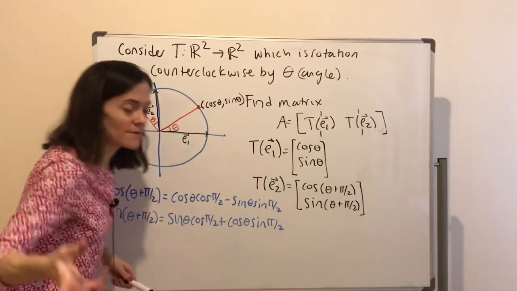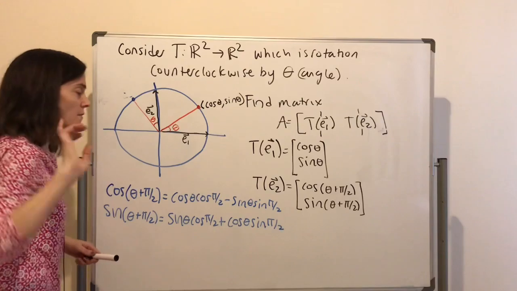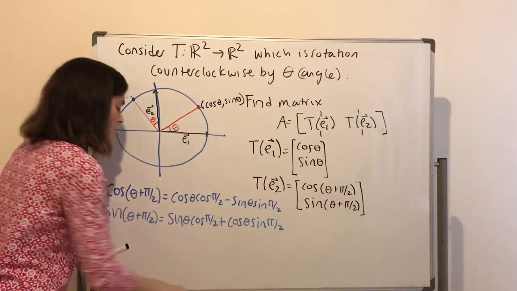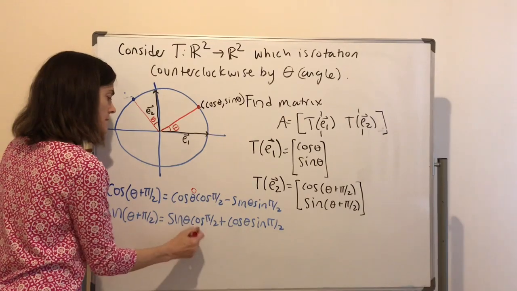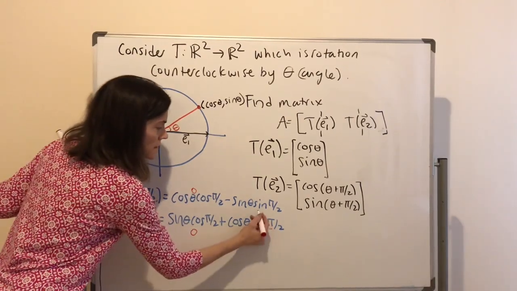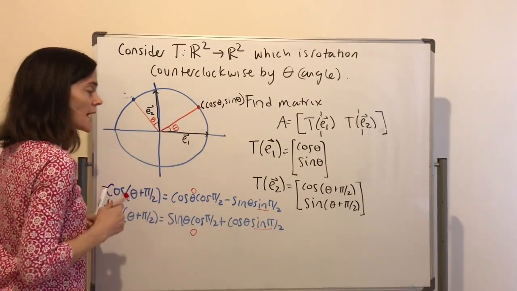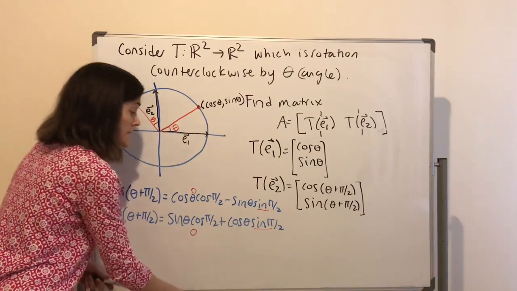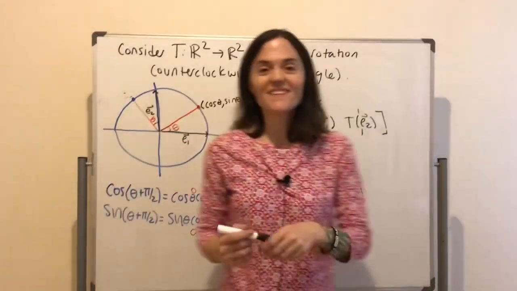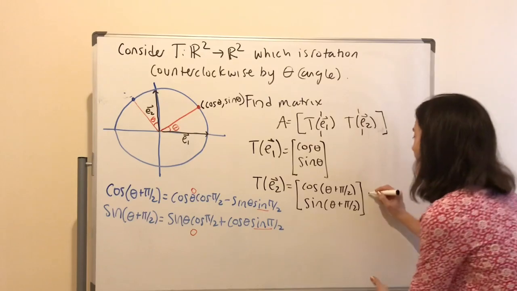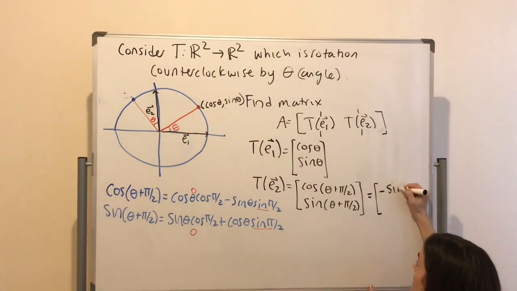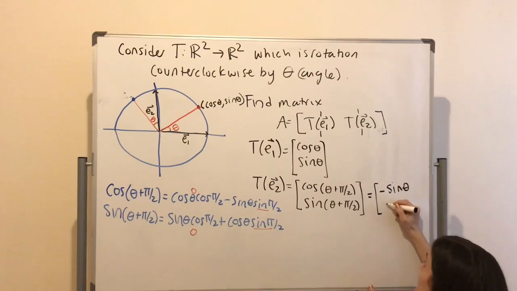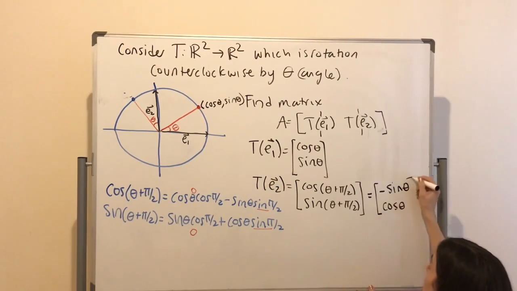Now, the sine of pi over 2 is 1. The cosine is 0. So what we see here, this is 0, 0. This and this are 1. So now you see, what can I write? It's very simple. This T of E2 is minus sine theta, cosine theta. Okay.